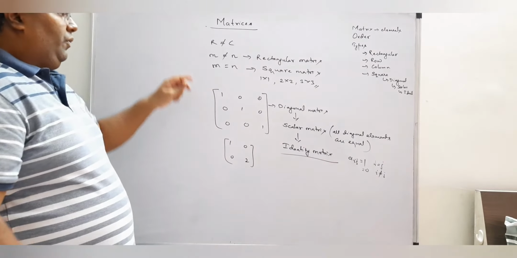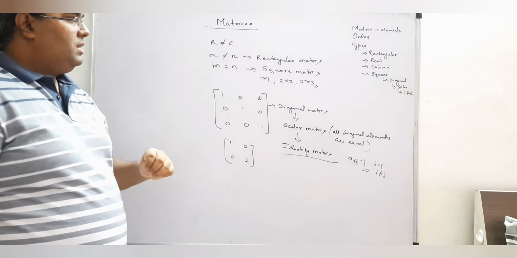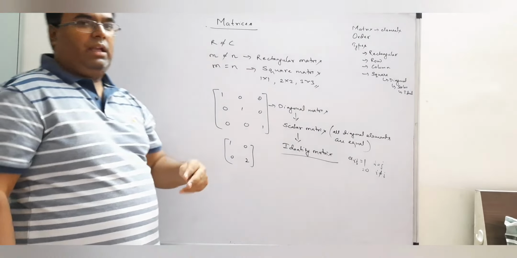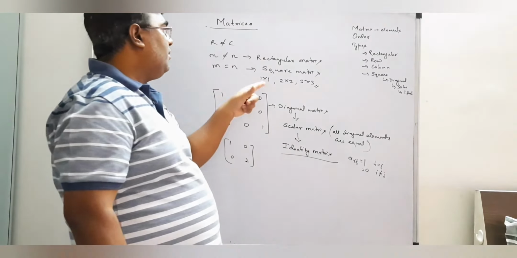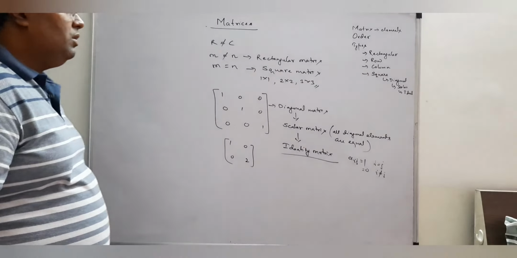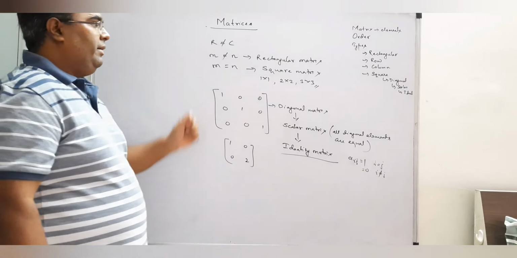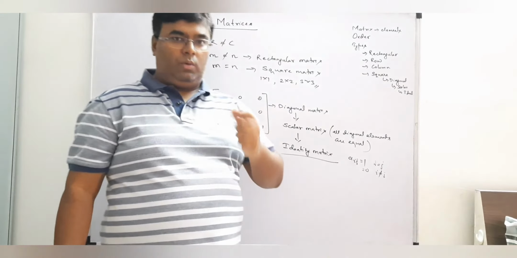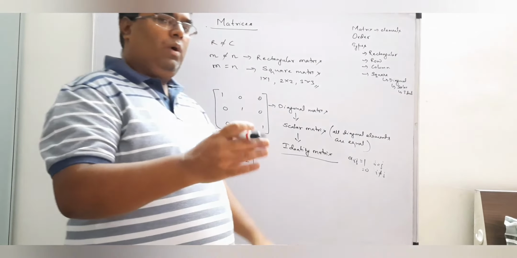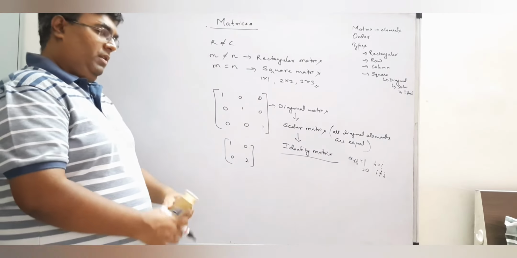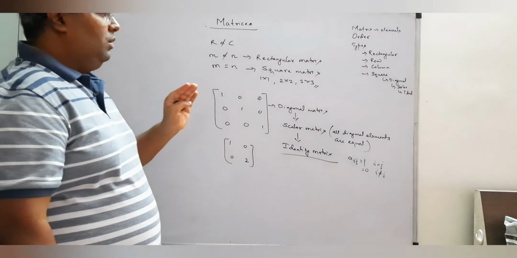Right? So we have learnt about types of matrices: rectangular, where m is not equal to n, number of rows not equal to number of columns, and square matrix, where number of rows is equal to number of columns. In rectangular we learned about the row matrix and the column matrix. When there is only one row, it is known as a row matrix. When there is only one column, it is known as a column matrix.